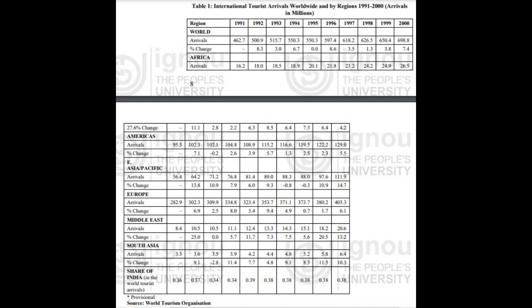In this definition, two segments of visitors are covered. 1. Foreign tourists who stay at least 24 hours in India and the purpose of whose journey can be classified under any one of the following. A. Leisure, recreation, health, study, holiday, religion and sport. B. Business, family, mission or meeting.